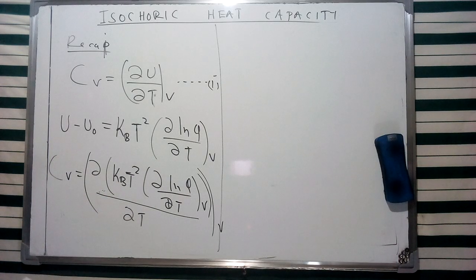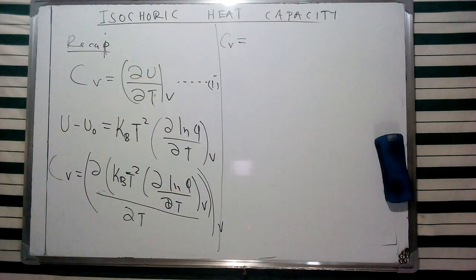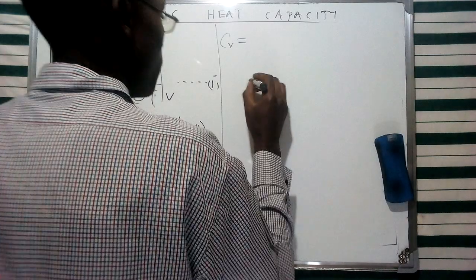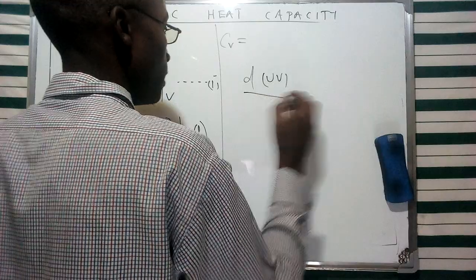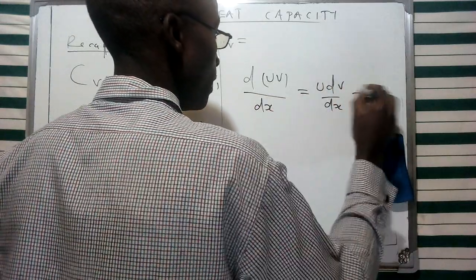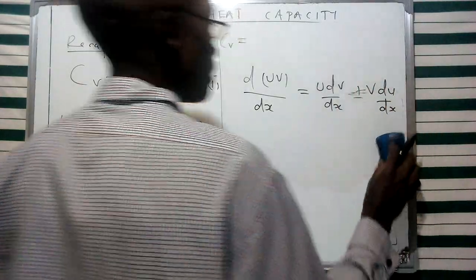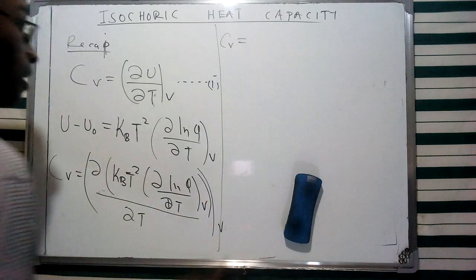We had given a derivative over this specific heat capacity C_V, for which we said we are going to use the product rule: holding one factor constant and differentiating the other, and then differentiating the one that was held constant, holding the second factor constant. That was the product rule for derivatives, which states that if we have d(uv) over dx, we're going to have this as u dv over dx plus v du over dx, given as such.